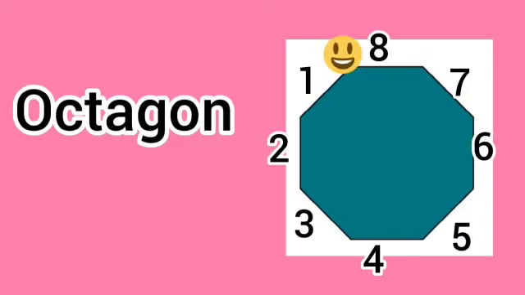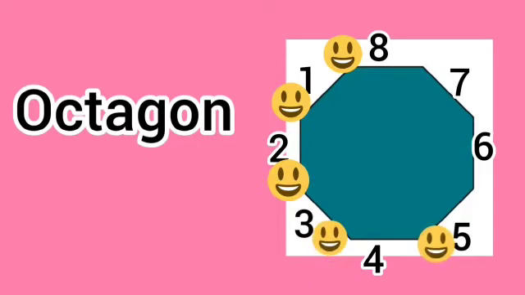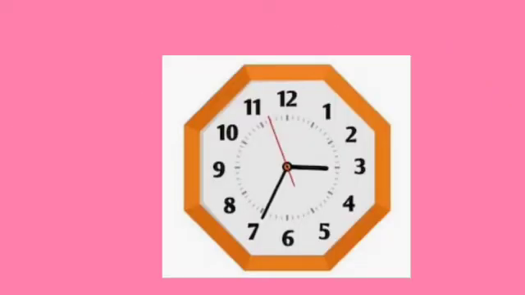Let's count the corners. 1, 2, 3, 4, 5, 6, 7, 8. 8 sides and 8 corners. For example, clock. Children, can you see this wall clock? The outer portion of the clock holds an octagon shape.